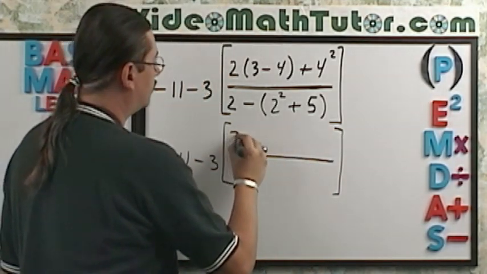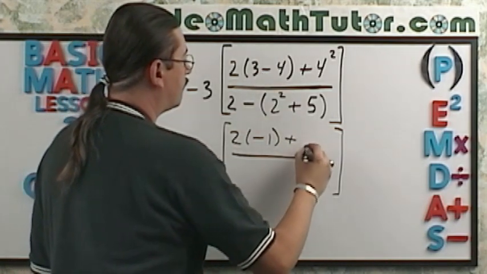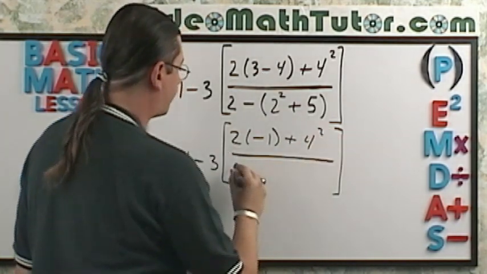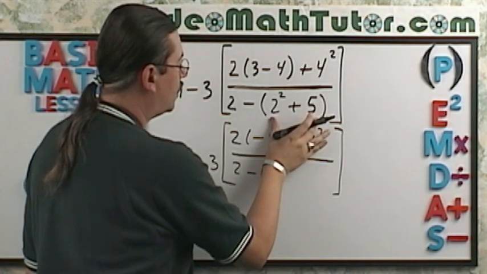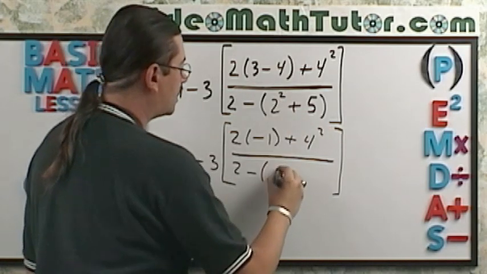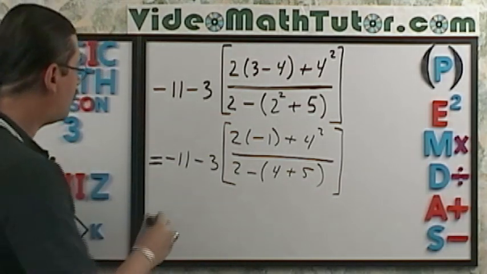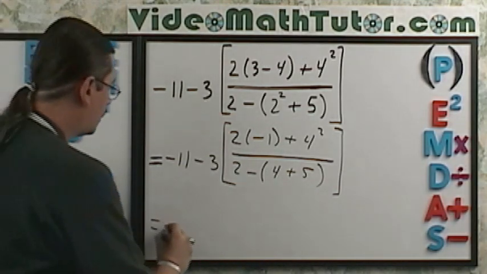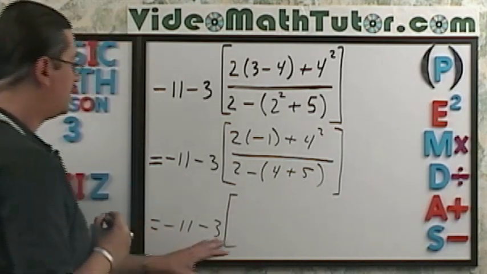So 3 minus 4 is negative 1. And here we did the grouping. So the first thing you have to do is the squaring. So that just becomes 4. Okay, let's keep going. Outside stays the same. Not anywhere near ready to figure out all this stuff yet.